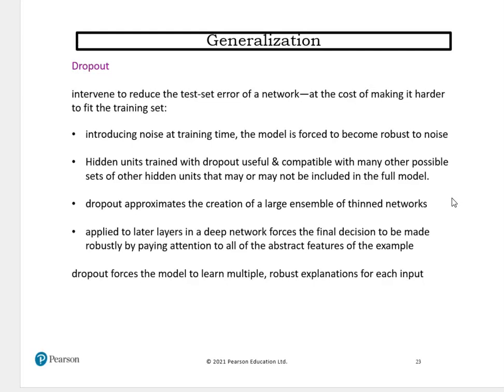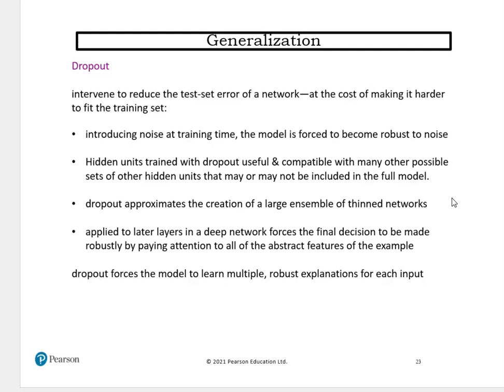Another possible explanation, like we said earlier, is that dropout approximates the creation of a large ensemble of smaller networks. And when people tested this hypothesis, it actually turns out to be true. These smaller networks end up each having a vote in the final overall network, where remember we don't apply dropout during prediction over the test set.